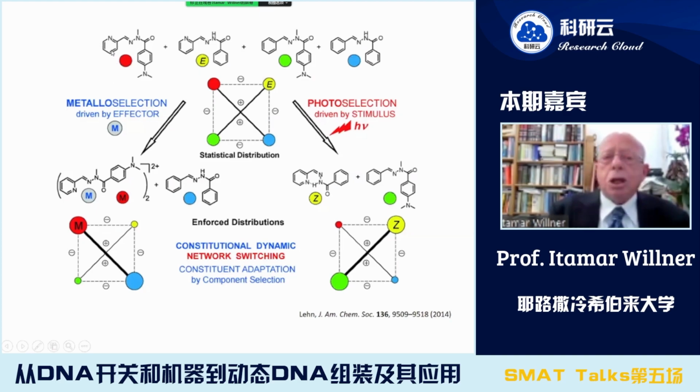The constituents include a pyridine unit or a phenyl group as component, and a dimethylaminobenzene component and a phenyl component as components that combine the constituent that is basically an acyl iminohydrazine.